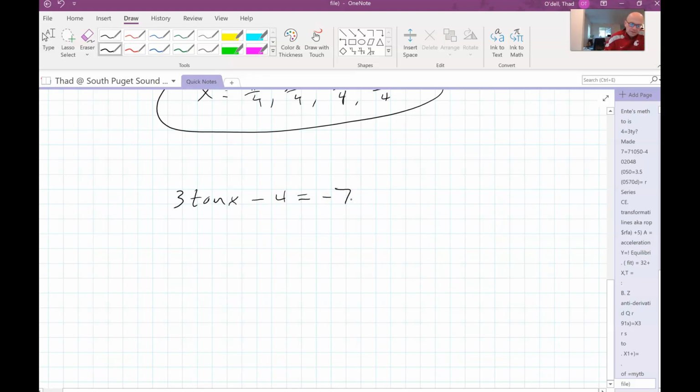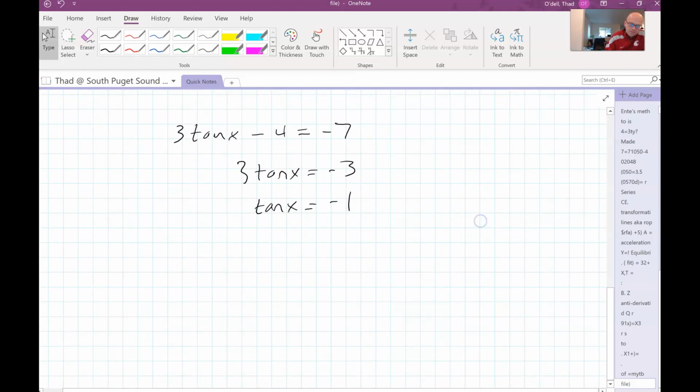Okay, so first thing we do is add 7 to both sides, and we get 3 tan x is equal to negative 3. Divide both sides by 3, and we get tangent of x is equal to negative 1. And now we take the arc tan of both sides. So we're looking for when tangent x is equal to -1.